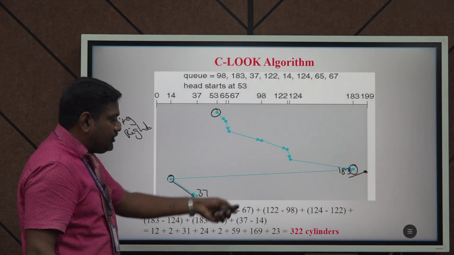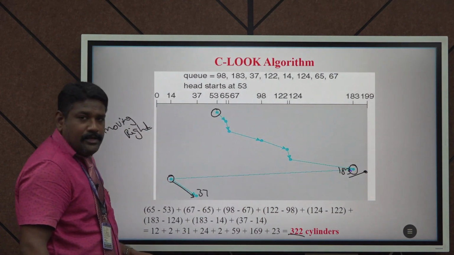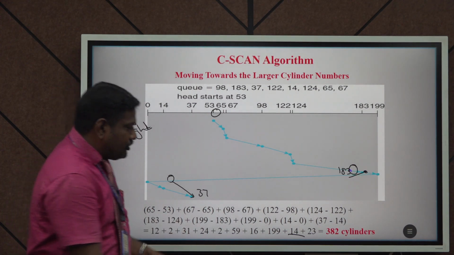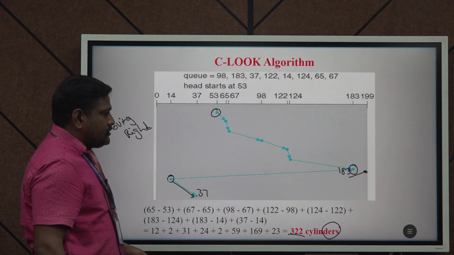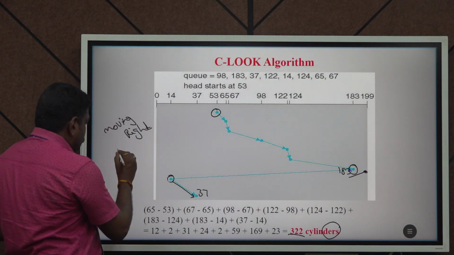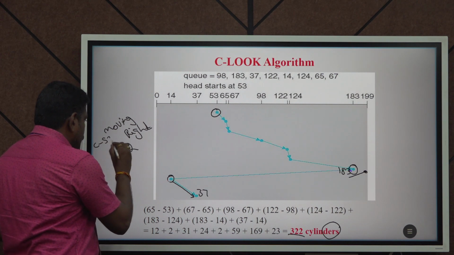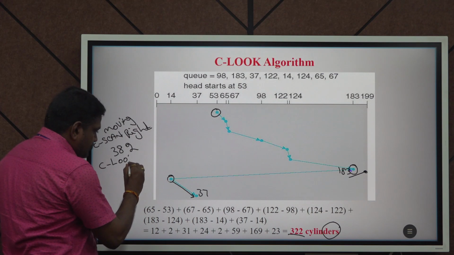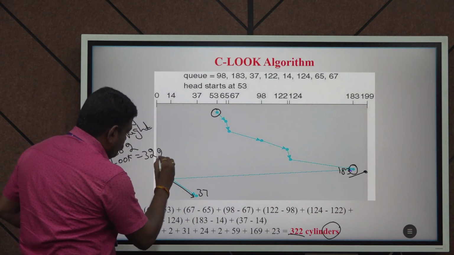Then we calculate the total head movement value. In the C-SCAN algorithm, the total head movement value is 382. In C-LOOK it is 322.